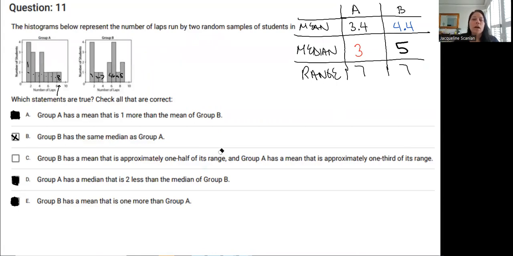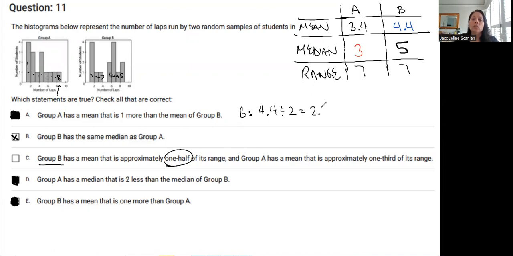And now we need to do this math. It says group B has a mean, group B's mean, which is 4.4, that is half of its range. To find half of something, we divide it by 2. So I'm going to do 4.4 divided by 2.